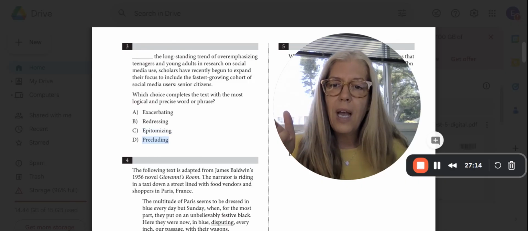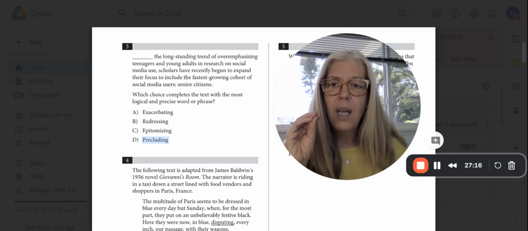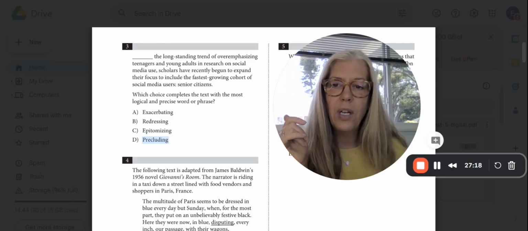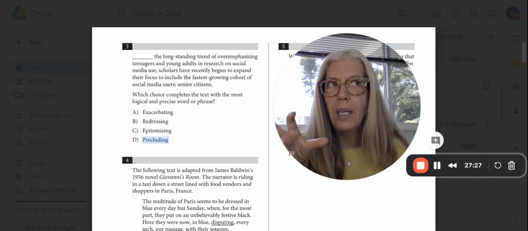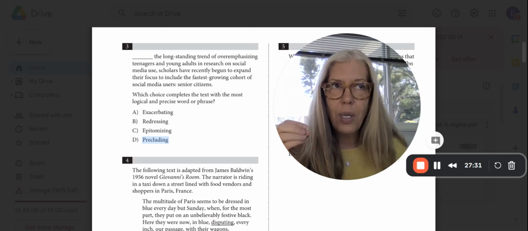The pre is a very common prefix, and the ing is a very common suffix. To preclude, I'm almost thinking like include, but pre would be something coming before, like including, but it happens before.